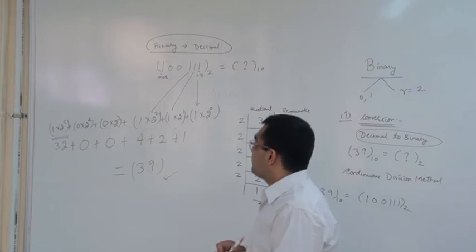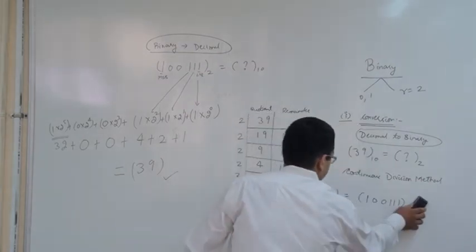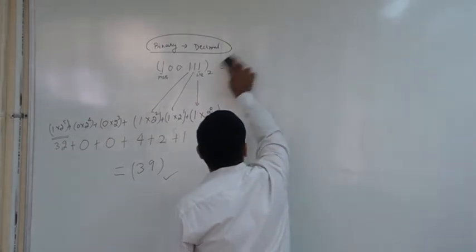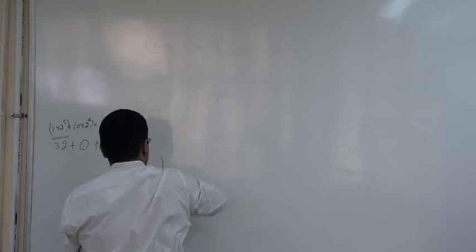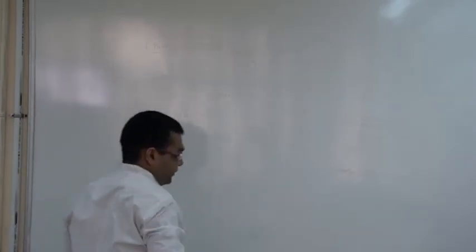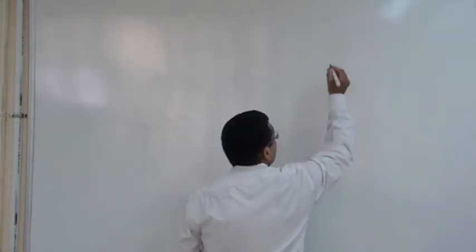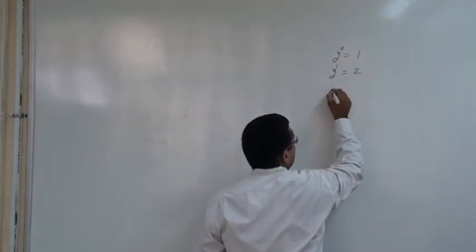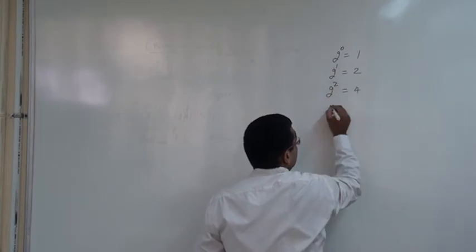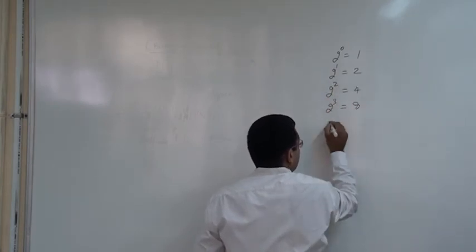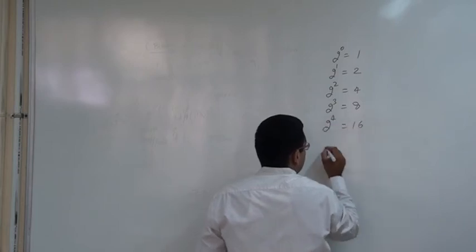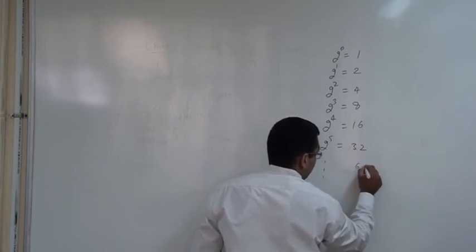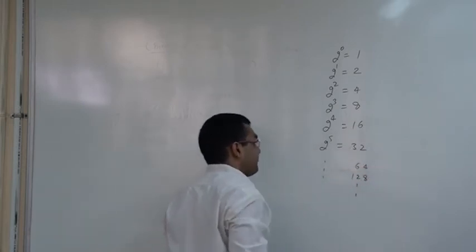For example, 2 to the power 0, that is 1, 2 to the power 1, that is 2, 2 to the power 2, that is 4, 2 to the power 3, that is 8, 2 to the power 4, that is 16, 2 to the power 5, 32, and so on, 64, 128, and so on.